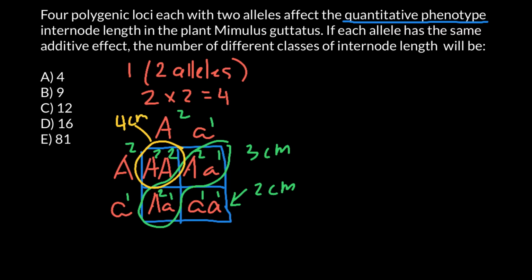So we would have 3 genotypes and 3 phenotypes here, because this is a quantitative trait.